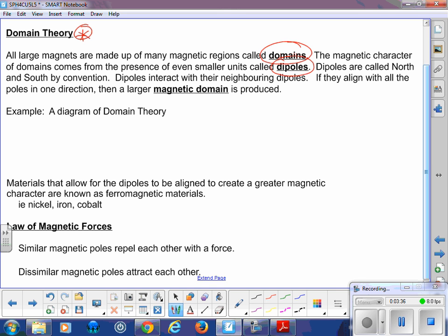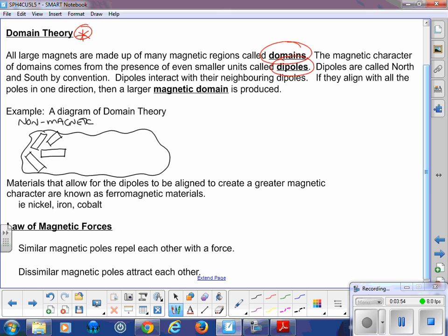All right, keep it simple. If we have non-magnetic material, that's where we'll start. Looking inside, what you have is a whole bunch of little magnets that are randomly placed throughout. I drew mine way too big because I don't want to draw that many magnets, so I'm going to cheat and shorten this up a little bit.